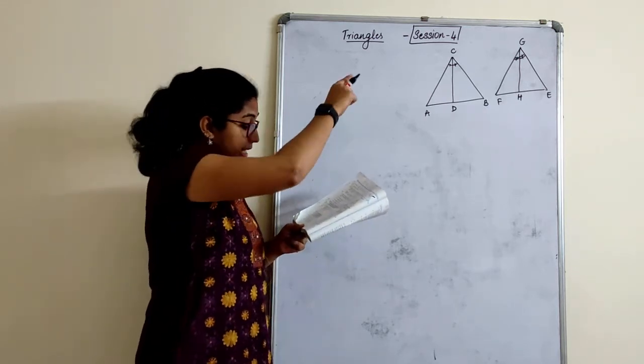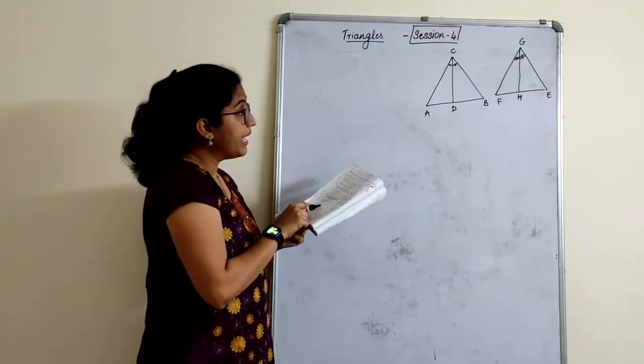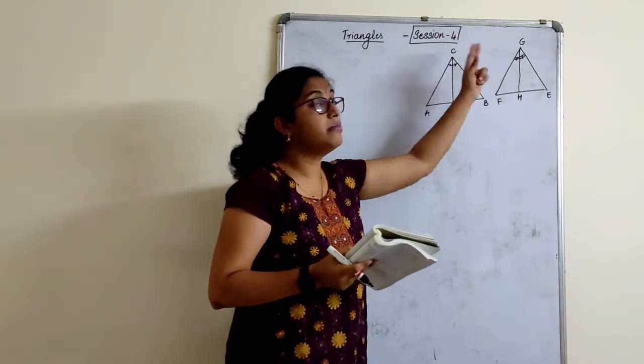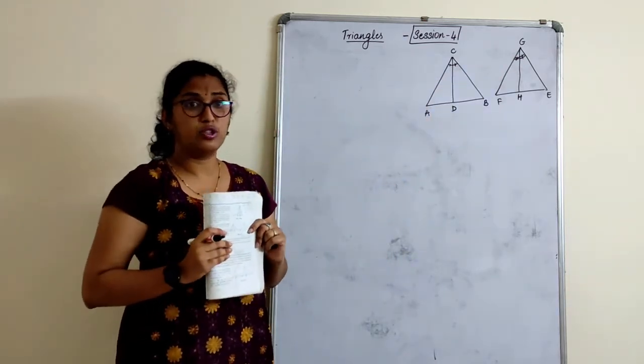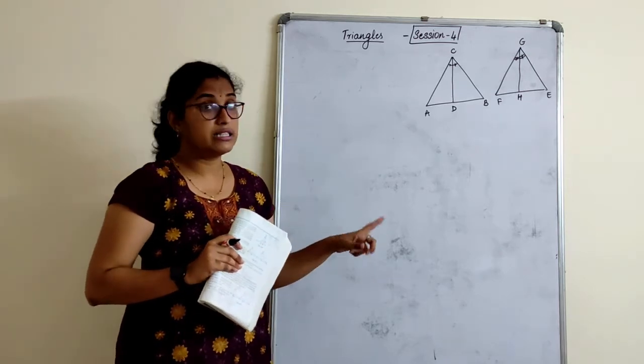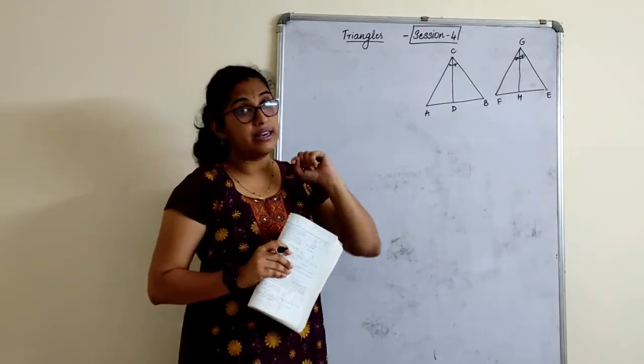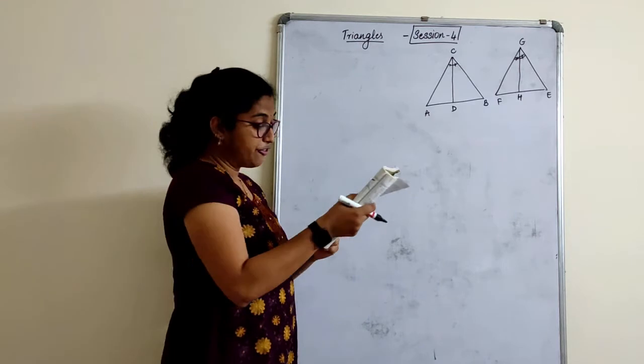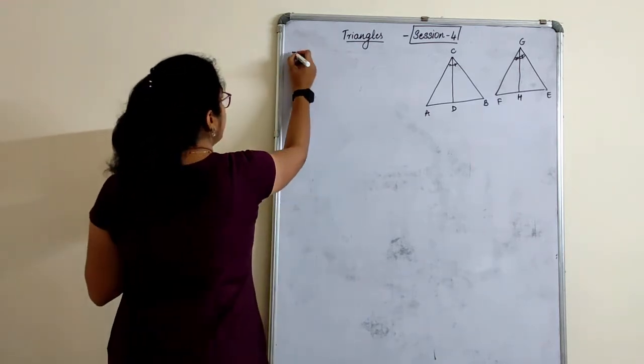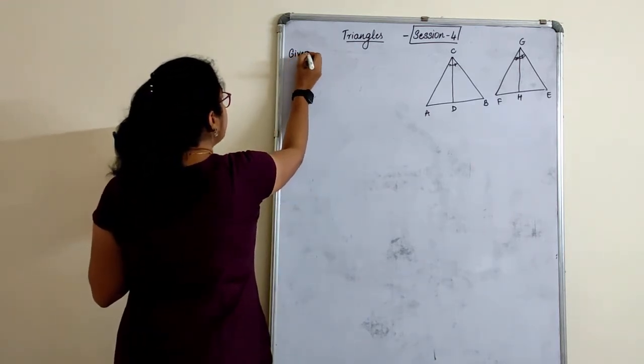Given that triangle ABC is similar to triangle FEG, their corresponding sides are proportional and the angles are equal. That much we know. Apart from that, what we have to prove? Let us first write the given.